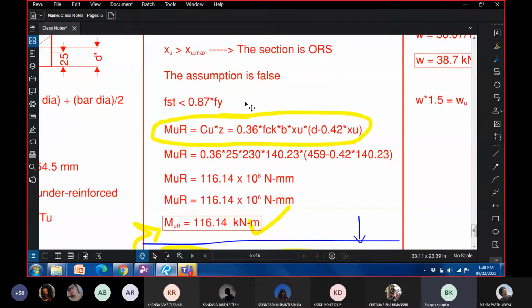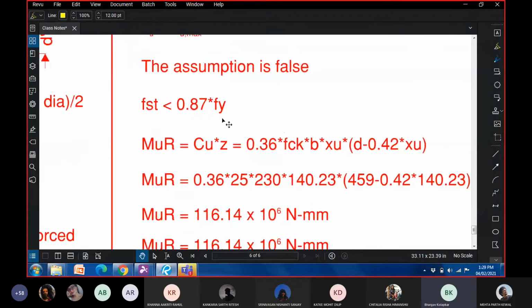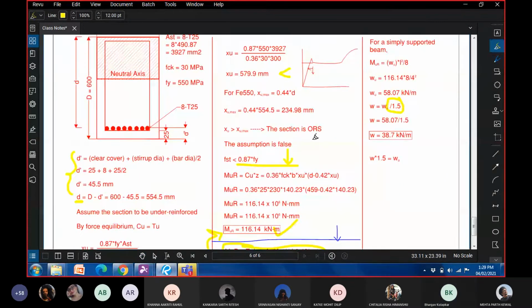So what we do is, please write down the following statement after this. You can copy everything up to this point and then stop here.